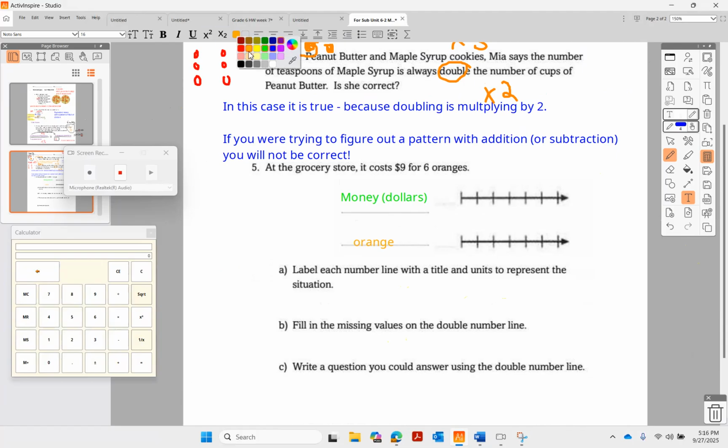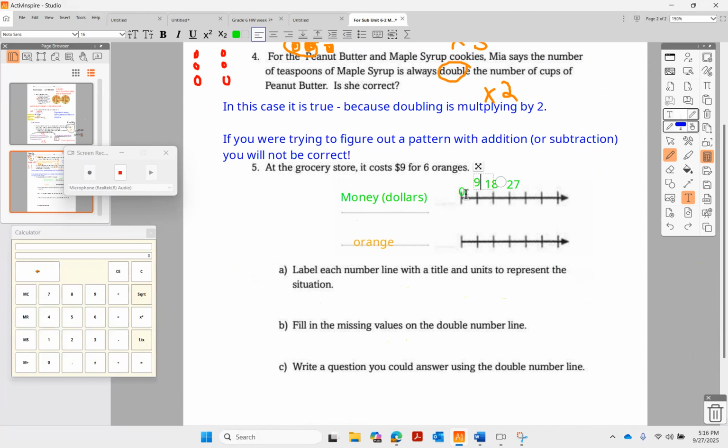My first set of money is 0. My next set of money is 9. My next set of money is 18. My next set of money is 27. Okay. I'm trying to just make those look nice for you. Okay, so that's how we use the double number line.